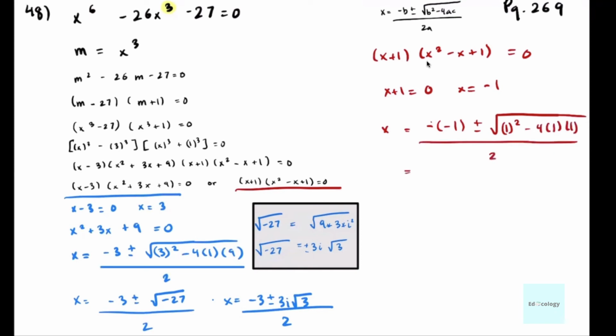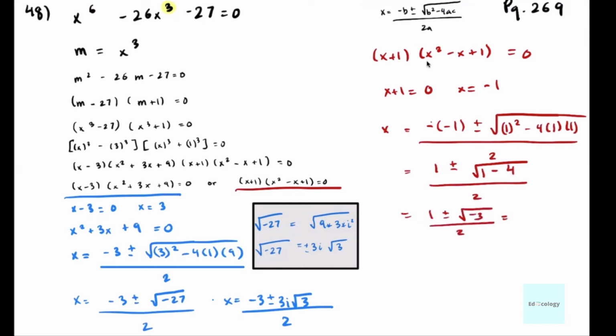That will give us 1 plus or minus the square root of 1 minus 4, over 2, which would be 1 plus or minus the square root of negative 3, over 2.